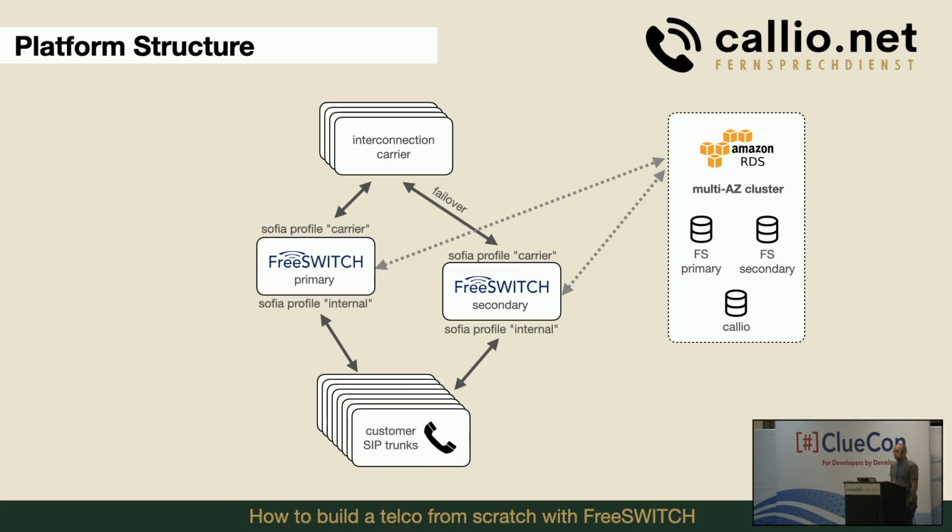Both FreeSWITCH servers are connected to an Amazon RDS multi-AZ cluster which holds a database for each FreeSWITCH instance, as well as the Collier database, which holds all our configuration data for the carrier servers.